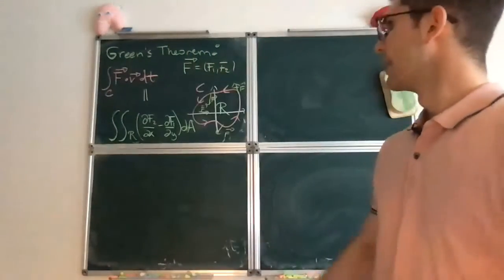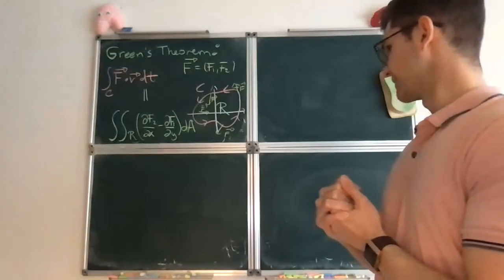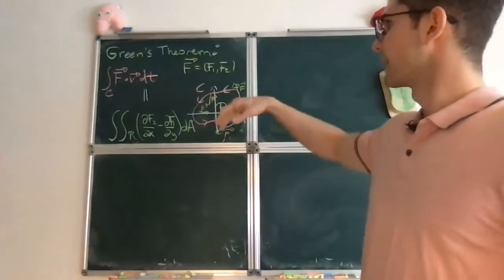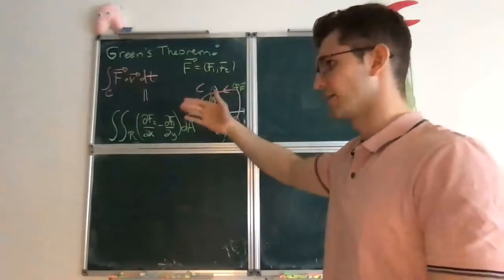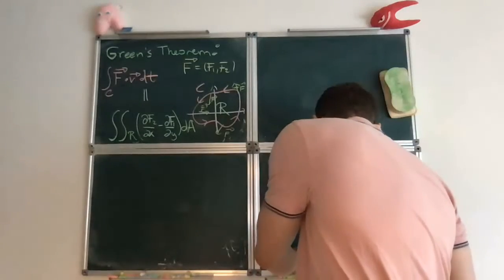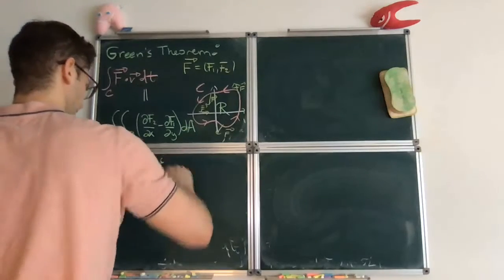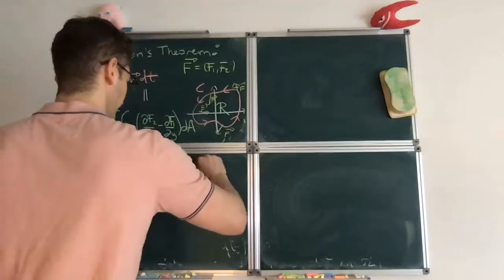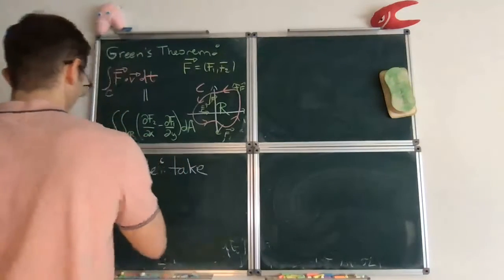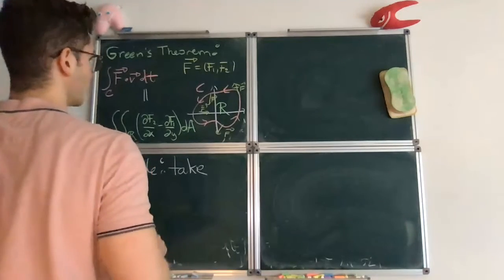Okay? Now, the cool application comes from the fact that this vector field in more or less can be anything that you want. So let's say as an example, what happens if you take f to be, let's see.